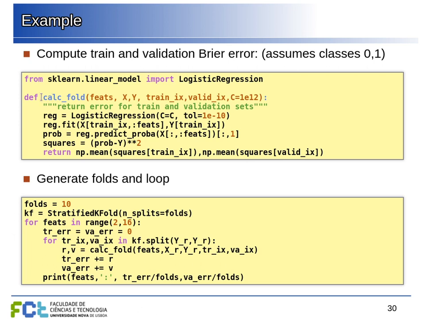We are going to create an auxiliary function here just to compute the errors, the training and validation errors for each fold. So we receive a matrix with all the features.